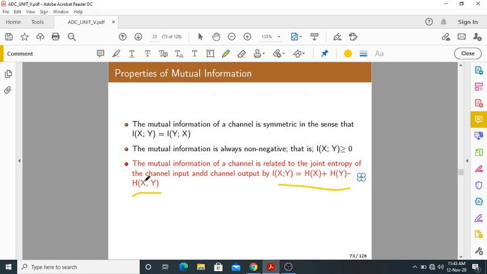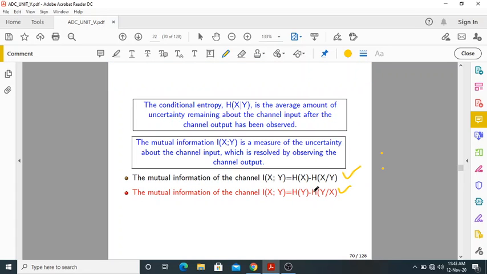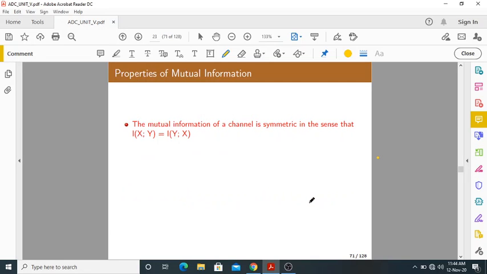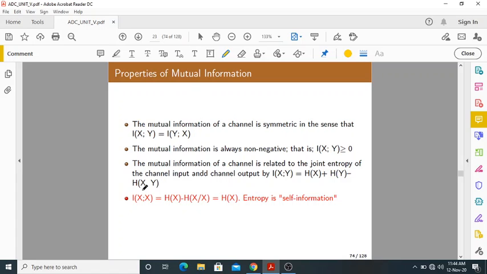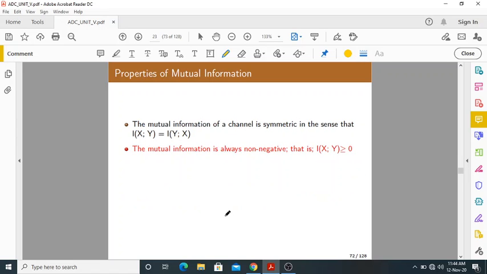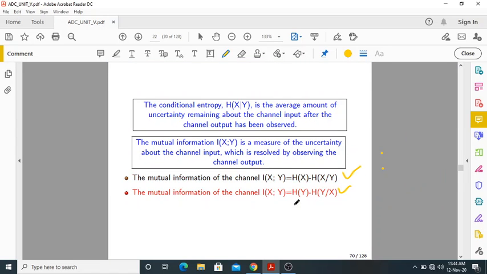This is called the joint entropy. What is H of X given Y? Conditional entropy. These two are conditional entropies. This is the joint entropy. So these are three formulas you can use. You can use any of these three formulas to find out the mutual information. Mutual means the information that is common between X and Y. As simple as that.